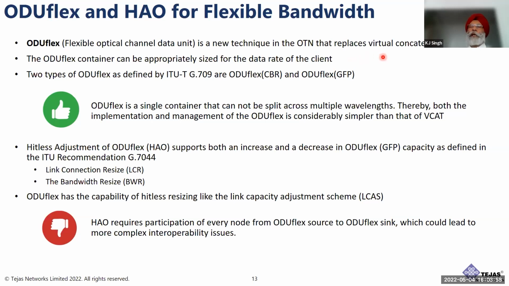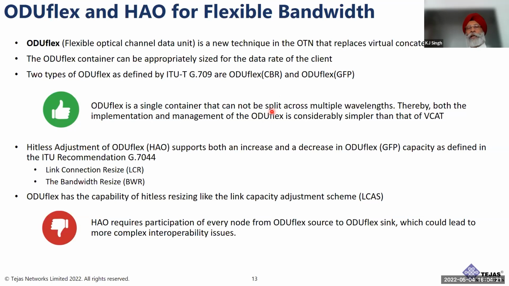It's similar to, I guess people who know SDH know about virtual concatenation, where there are complete paths in the network that can be concatenated. ODU Flex is similar, but one constraint is that it's a single container, but it cannot be split across multiple wavelengths or paths.